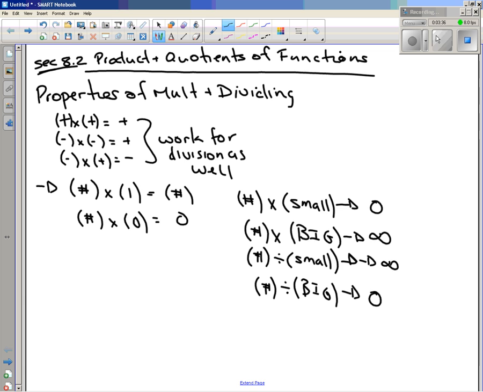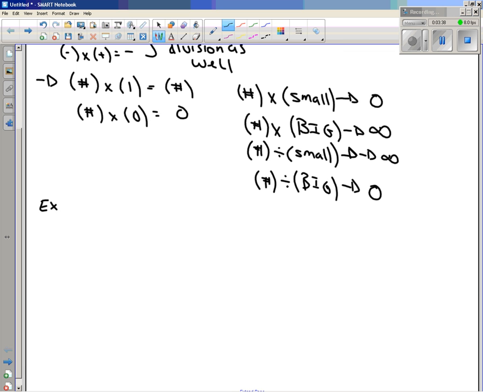Okay. Our first example, let's define our function f of x to be x plus 2. And let's define our function g of x to be x squared minus 5x minus 14.